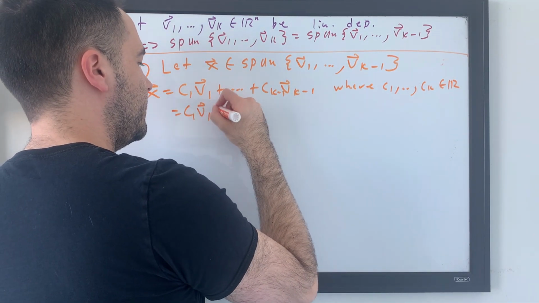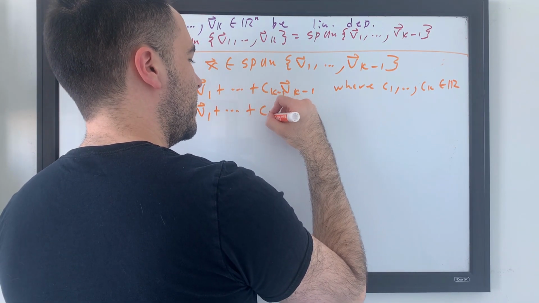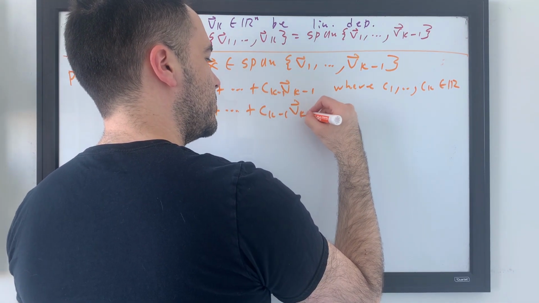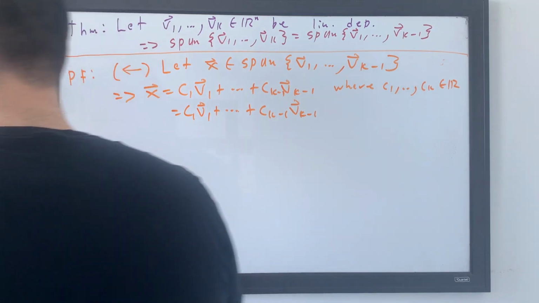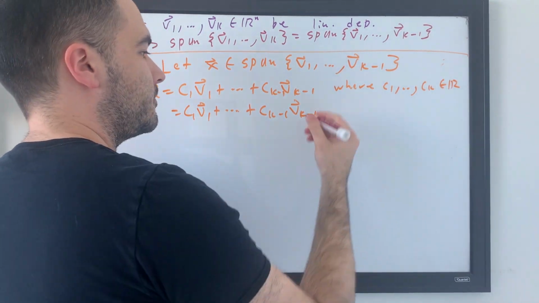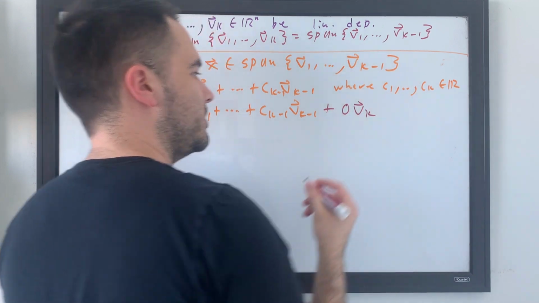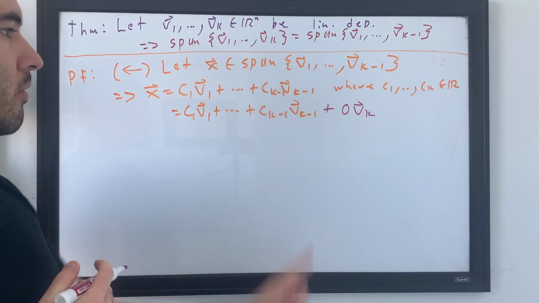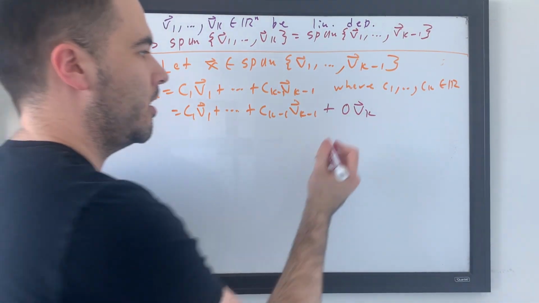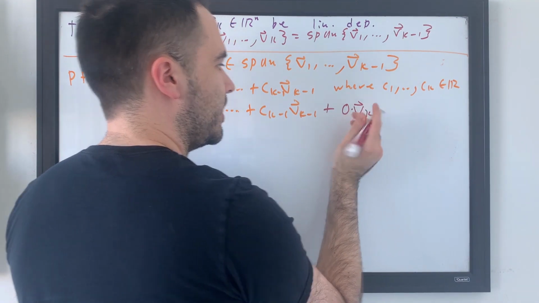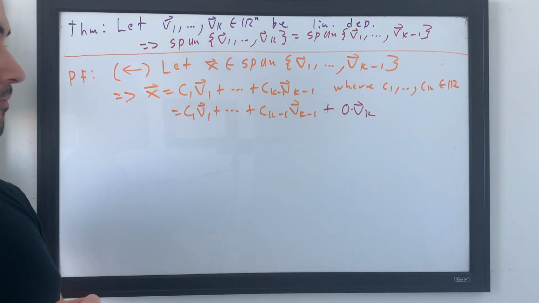With a very, very simple trick, which you will carry on to use in future questions in your course: you will then have plus 0 times vk. We can just add a 0 here, so I'm going to add 0 times the vector vk.